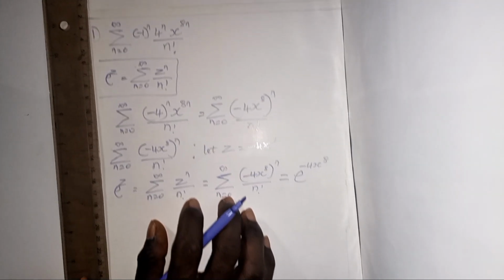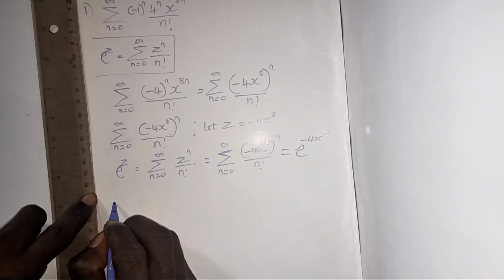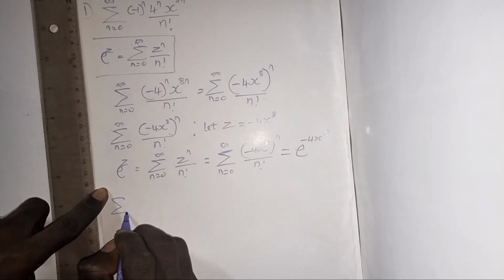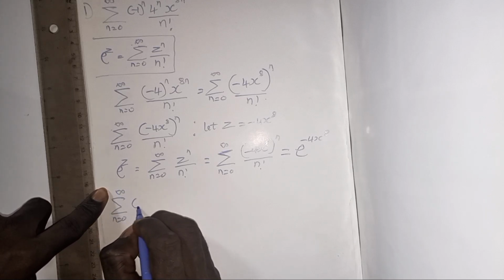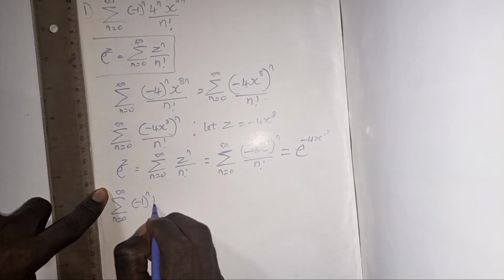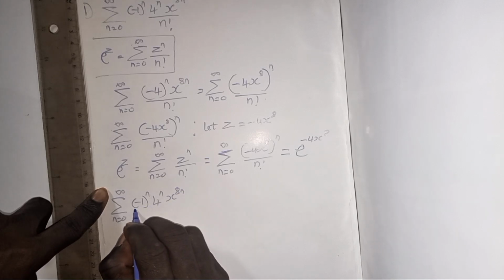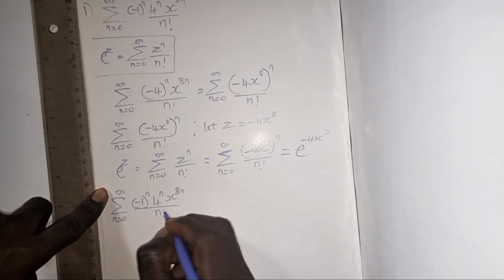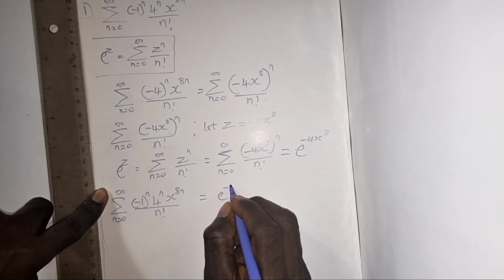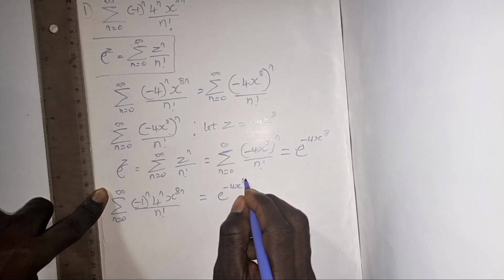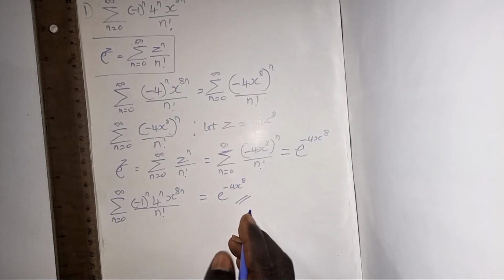So now our final answer, the sum from n equals 0 to infinity of minus 1 power n 4 to the n x to the 8n over n factorial, is equal to e to the minus 4x to the 8. So this is our final answer for the first series.